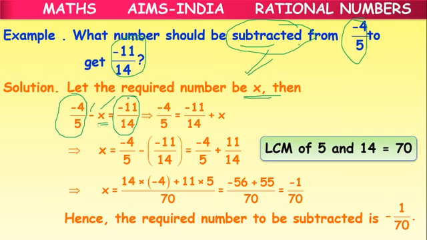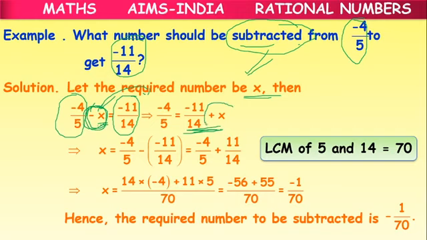Okay, children. Now because we want to find x, and here minus x is there, I want to make it positive. So minus x we will take to the right hand side. It will become minus 11 by 14 plus x.